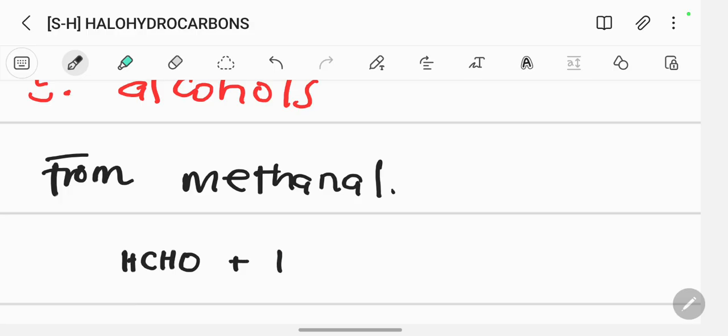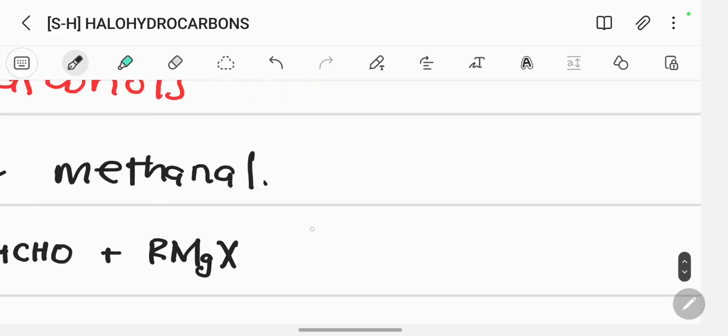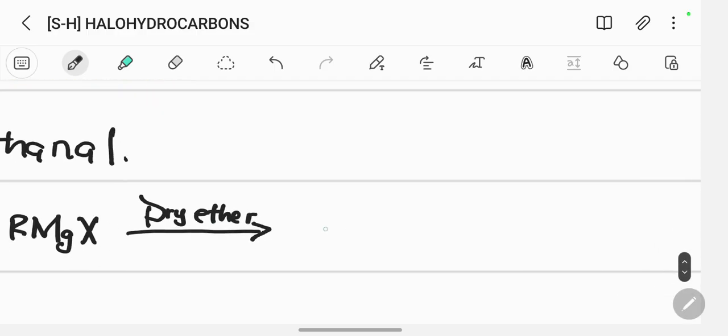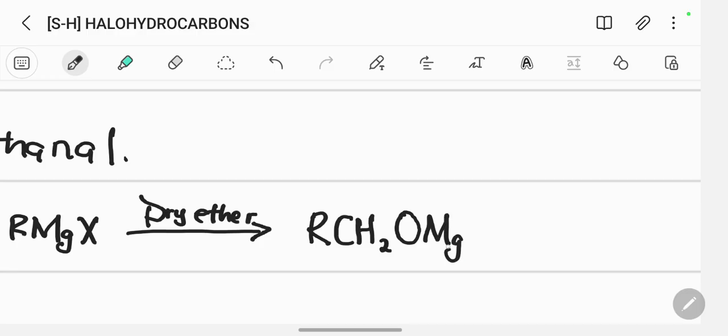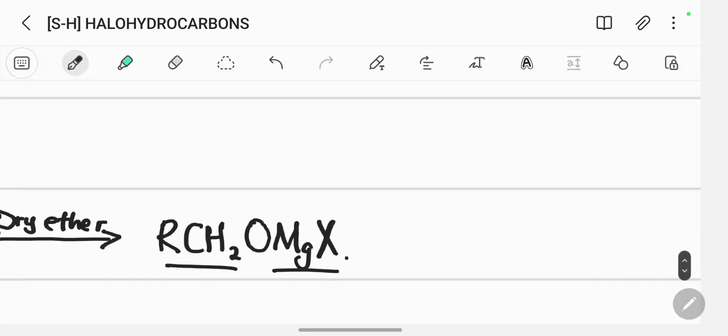When I add there any Grignard reagent of any kind, I should always put there dry ether, and it gives me RCH2OMgX, where R is the alkyl and this is magnesium and the halogen.